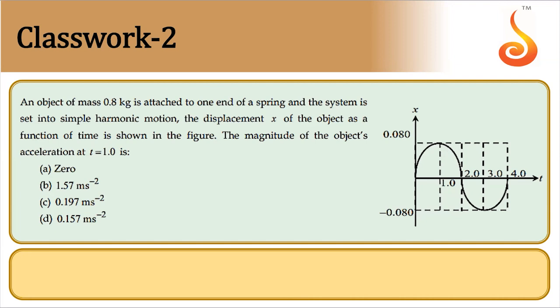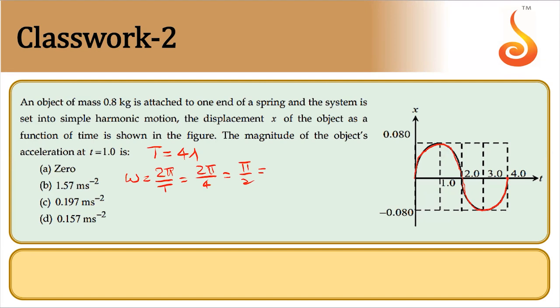See, from the diagram, time period is 4 seconds. So one cycle is completed after 4 seconds, right? So omega is what? 2 pi by T. That is 2 pi by 4. That is pi by 2.